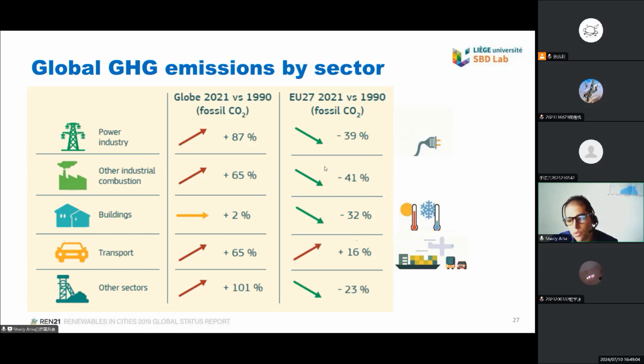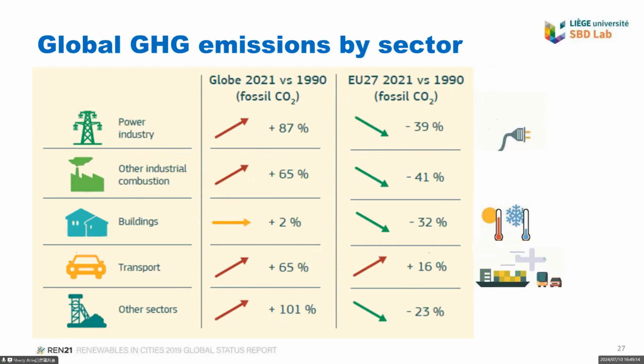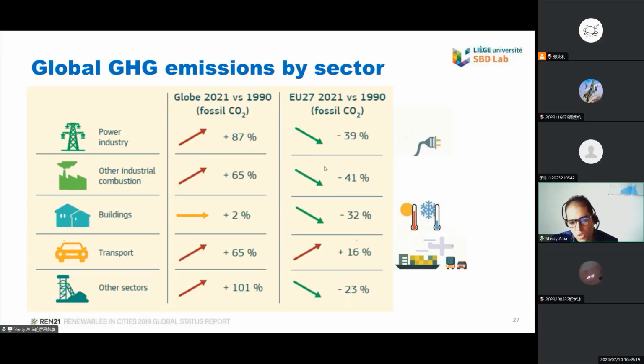I am not sure if Europe will make it on time. I have a feeling that China, even though it has a longer term objective and will reach it in 2060, will beat Europe and become carbon neutral earlier when we look at the numbers and at the speed of installation of renewables in China and their production.